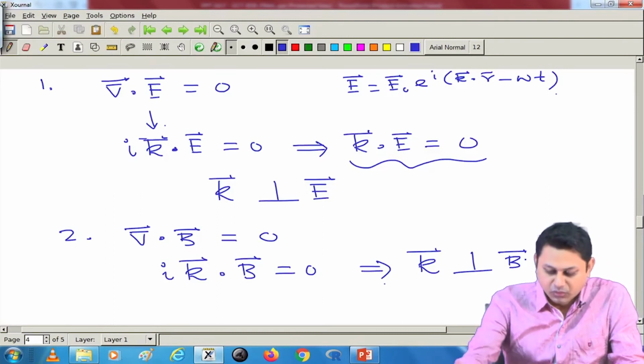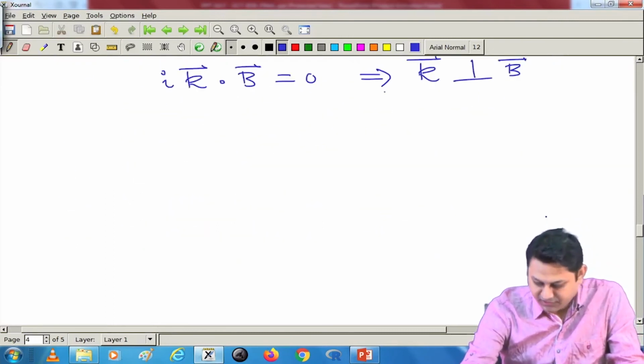This information we have just using the Maxwell's equations.